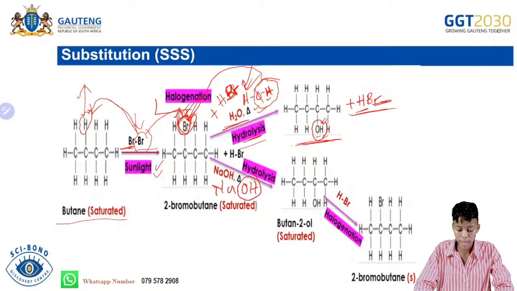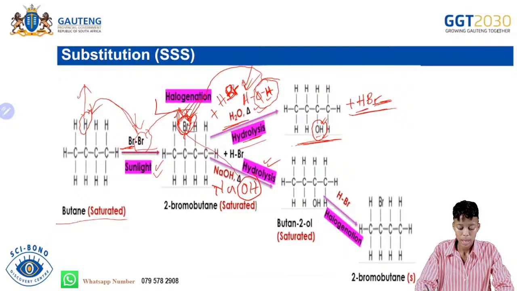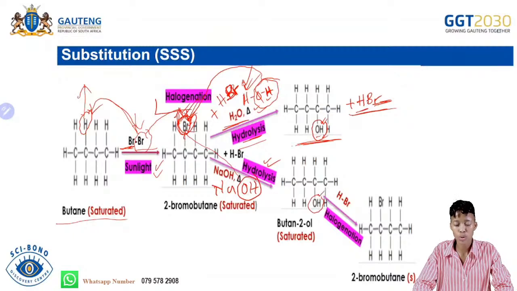Then next, you are substituting with NaOH. So this one again is therefore called a hydrolysis. So how do we do this one? On carbon number 2 again, what is it that we have? We have Br, and then this Br, where do you want to substitute it? You want to substitute the OH where you have the Br, that is on carbon number 2. So once you substitute, then you no longer have a Br on carbon number 2, but you have an OH.